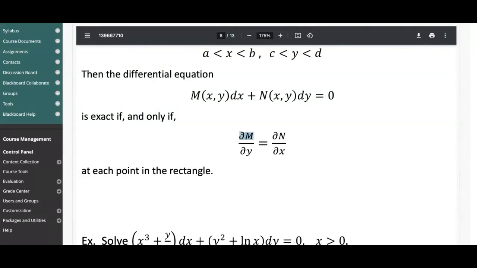So we take the rate of change of M in terms of y, and the rate of change of N in terms of x. We take the derivative of the M function in terms of y only, and of function N in terms of x only. We're treating x as constant, and y as constant.